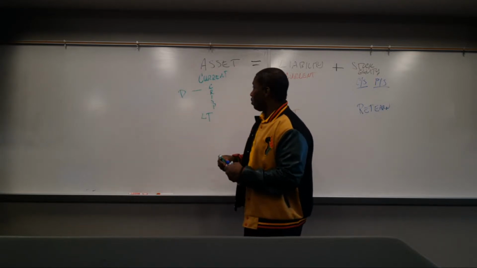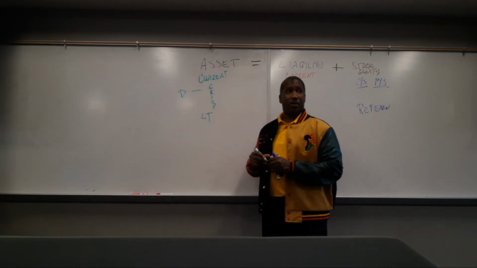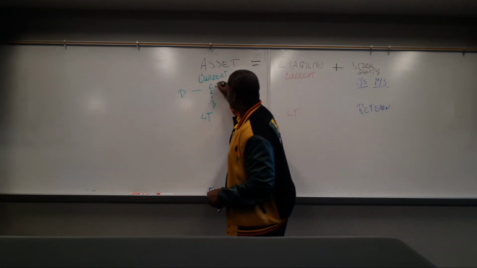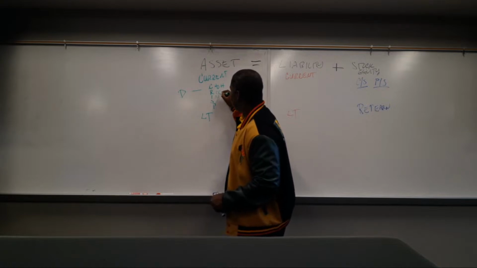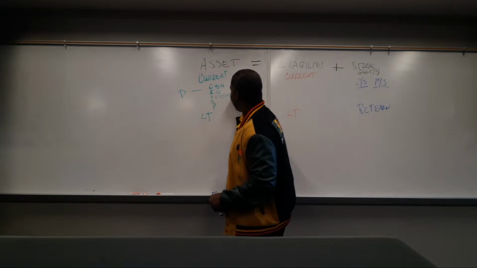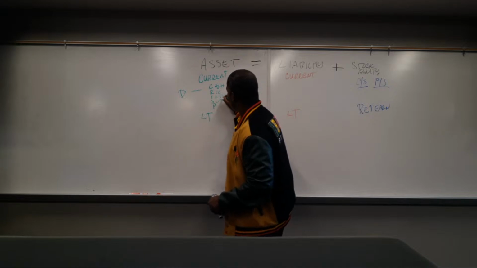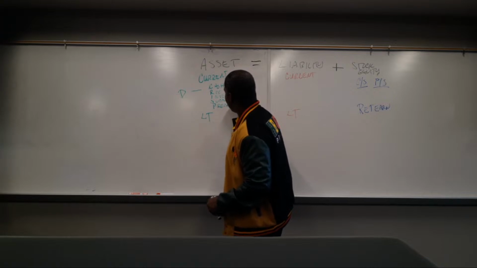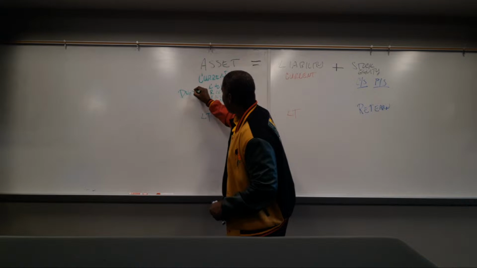Now, let's go through them. The first one is cash. Next, receivables. Next, inventory, supplies, prepaid, and what else? Debt investments. That goes right here.